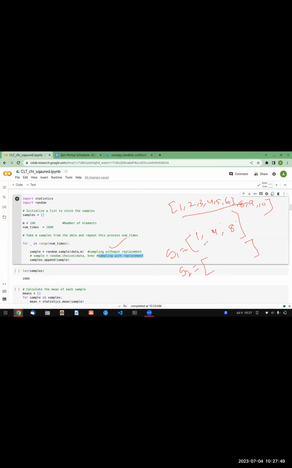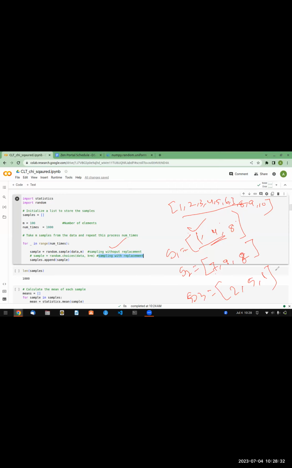Now I can take any other 3 numbers, that is 7, 9, 2. But these numbers should not be repeated. It cannot be 7, 9, and 8 because 8 has already been taken in one sample. If you don't want your sample data to be repeated in the next sample, this is called sampling without replacement. And if you want the same number, suppose in S3 I got 2, then 5, then 1.